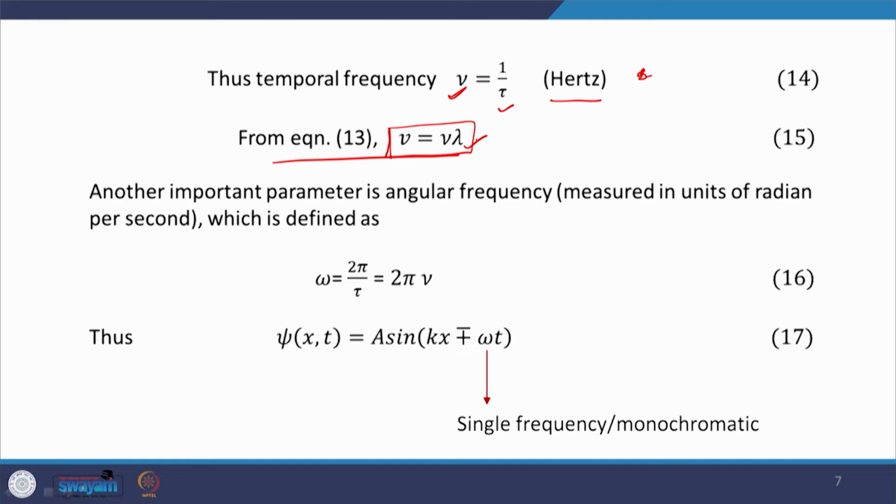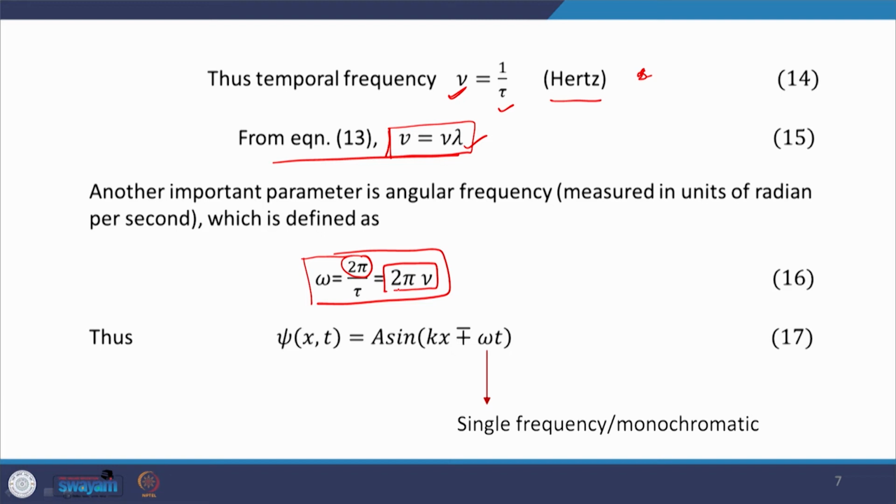It is analogous to k. Omega is defined as 2 pi by tau, and we know that 1 by tau is equal to nu, therefore we can write omega is equal to 2 pi nu.